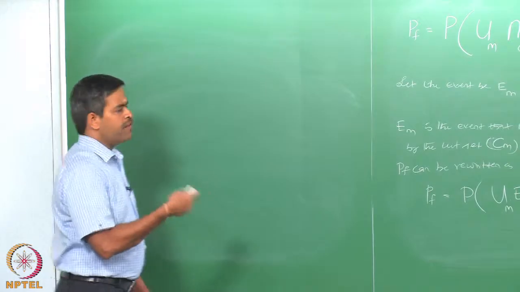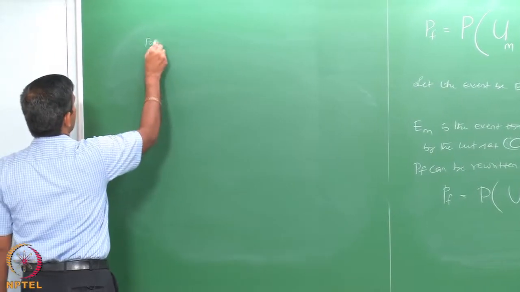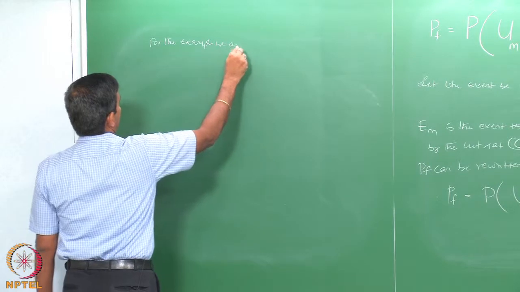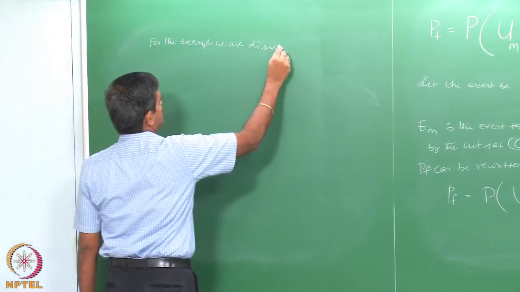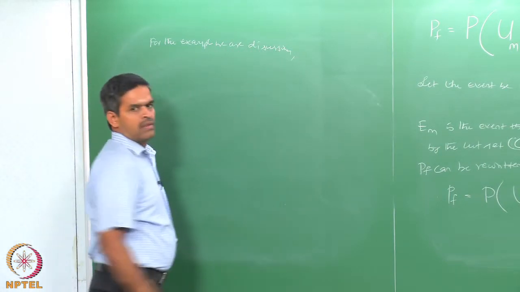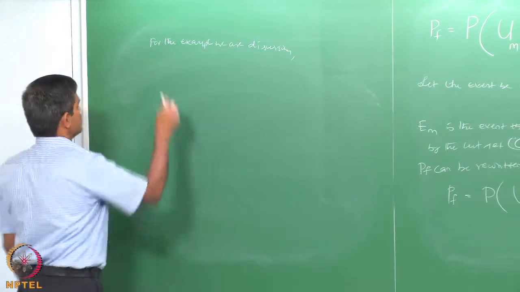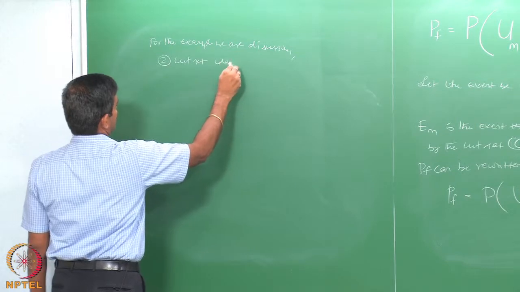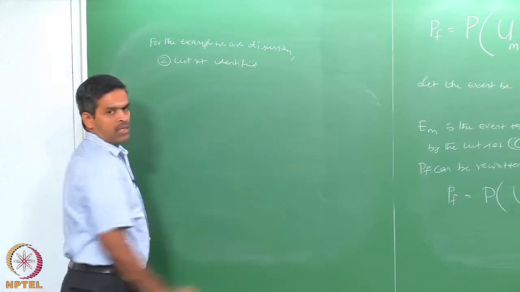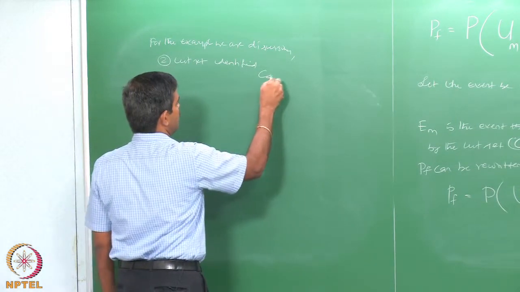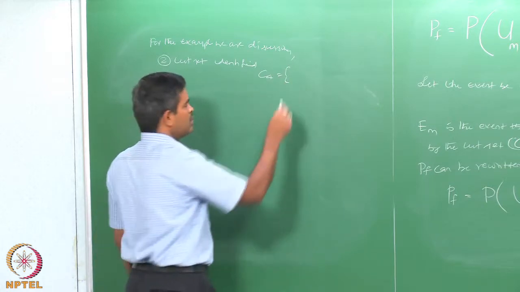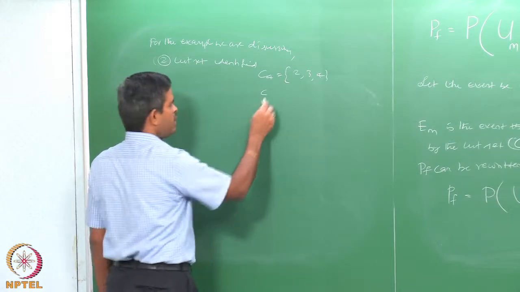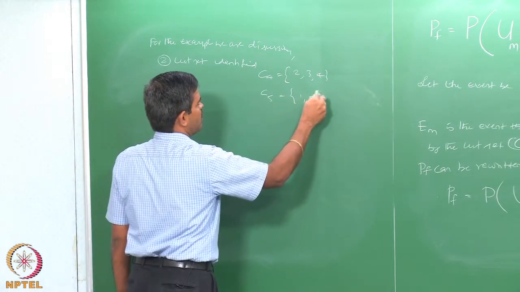For the example we are discussing, two cut sets were identified. What are they? They are C4, which is 2, 3 and 4, and C5, which is 1 and 4.